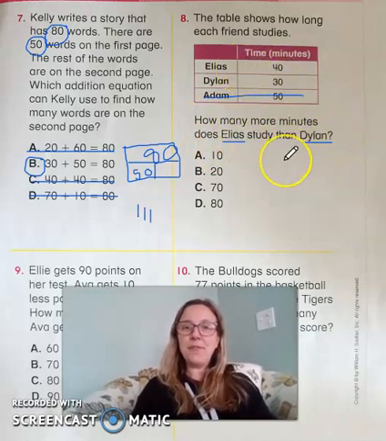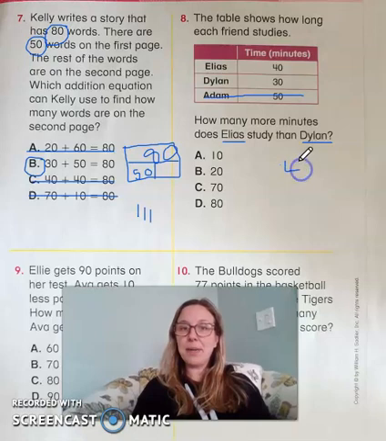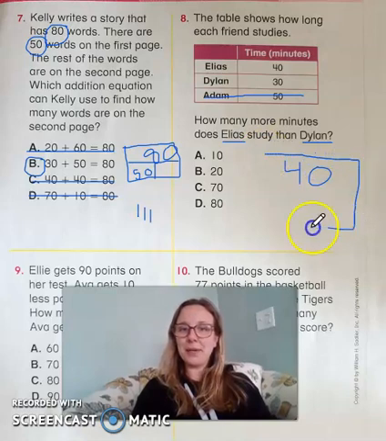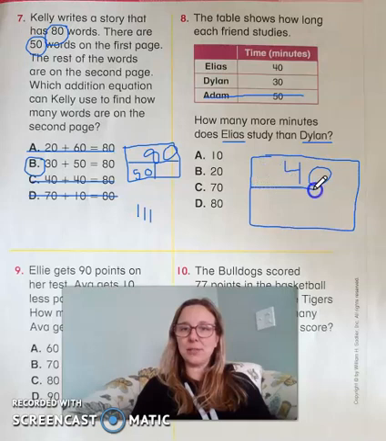So Eli had 40 because his is the bigger number. That's going to be our top number in our box. That's going to be our whole in our part, whole equation. And then to find the difference between them, we'll take the 30 and we'll make 30 one of our parts.